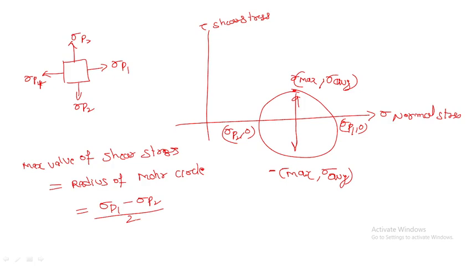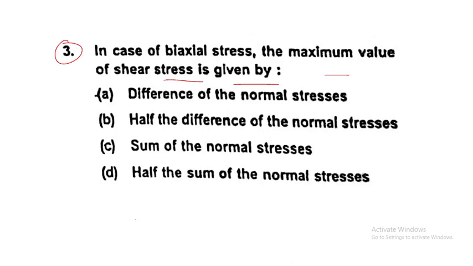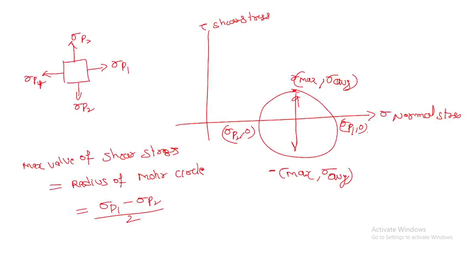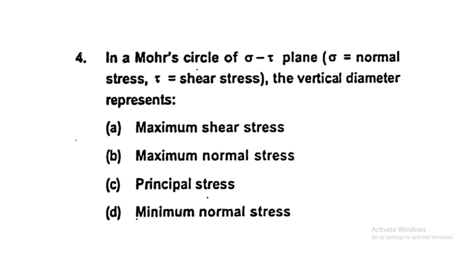So half of the difference of the normal stresses. The sigma P1 and sigma P2 values should be put within the modulus sign. So the answer for this question is half of the difference of the normal stresses.